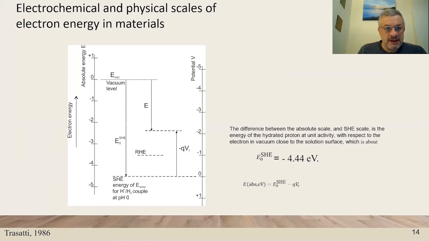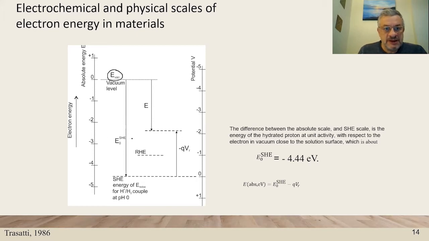We have seen the energy scale for electronic quantities in materials with respect to the vacuum level. And then we can tabulate all the work functions, etc. And we also have seen the methods to measure this.